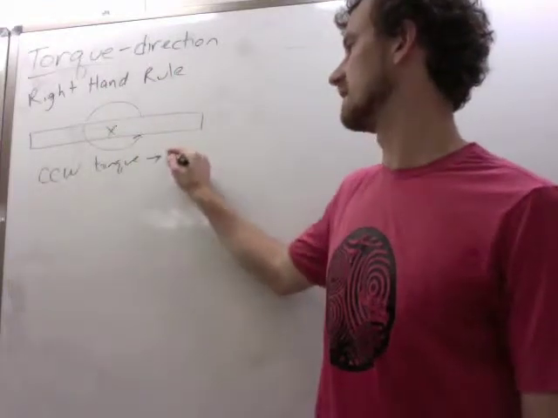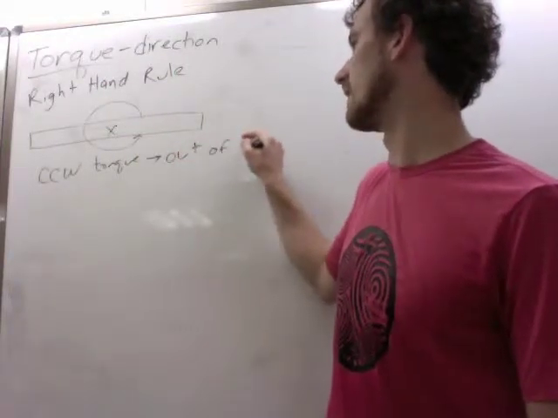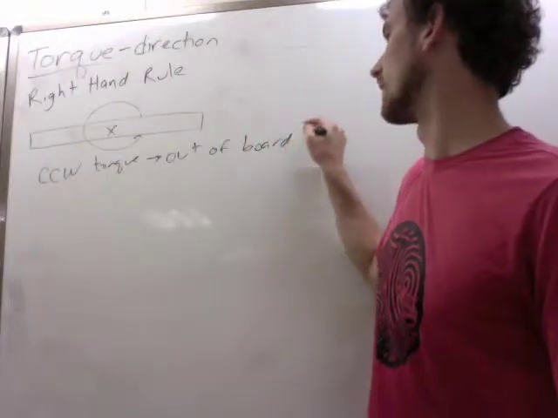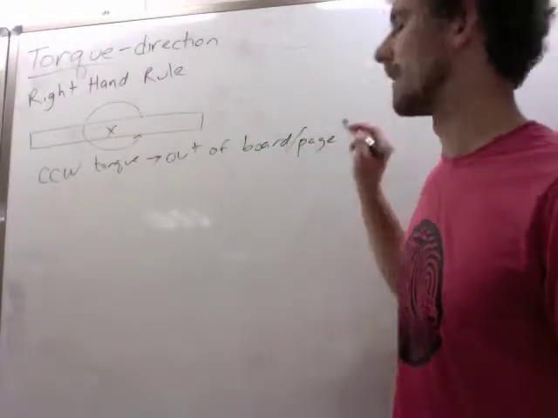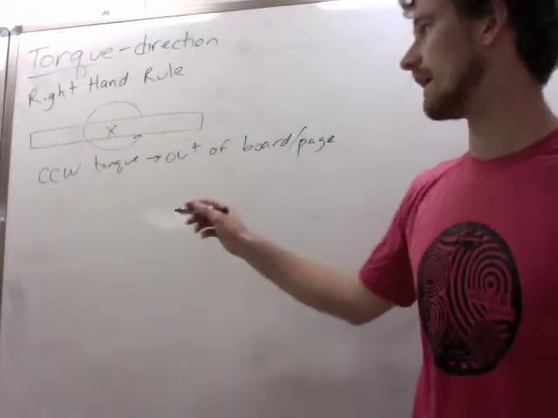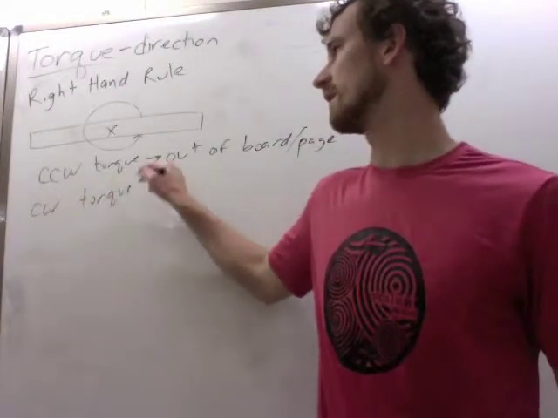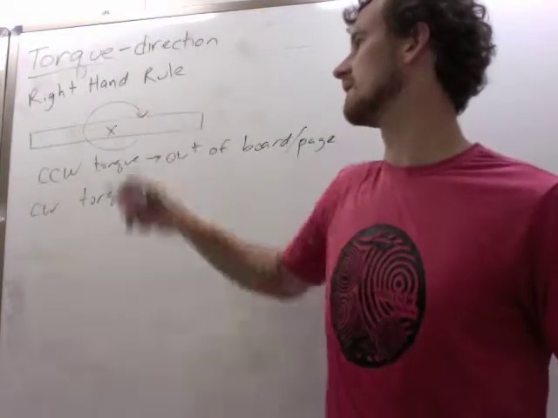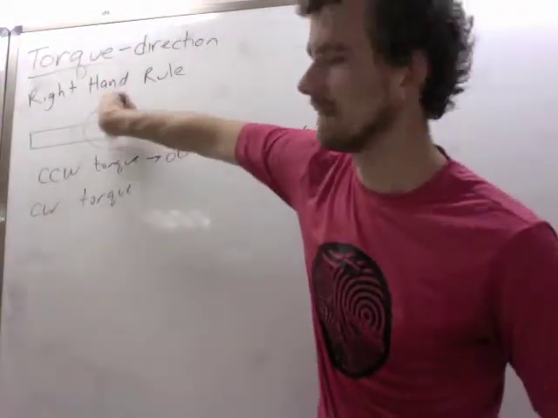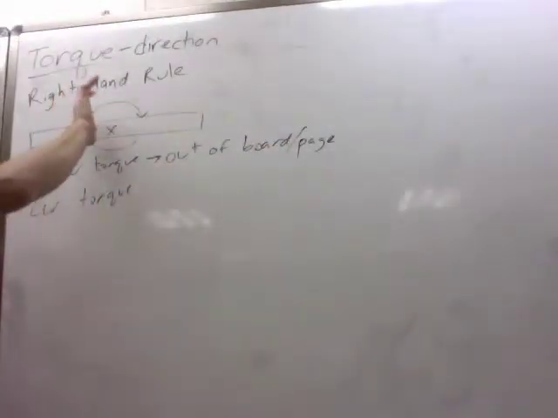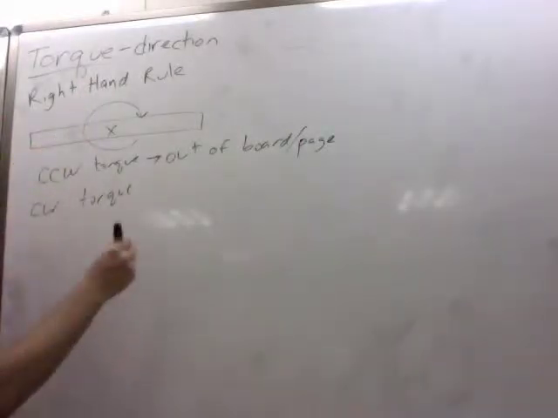So we say that is coming out of the board, or on a test, that would be out of the page. And likewise, a clockwise torque would be pointing the other direction. So if we curl our right hand in the direction of that torque, which is easier to do from over here, our thumb is pointing into the board.